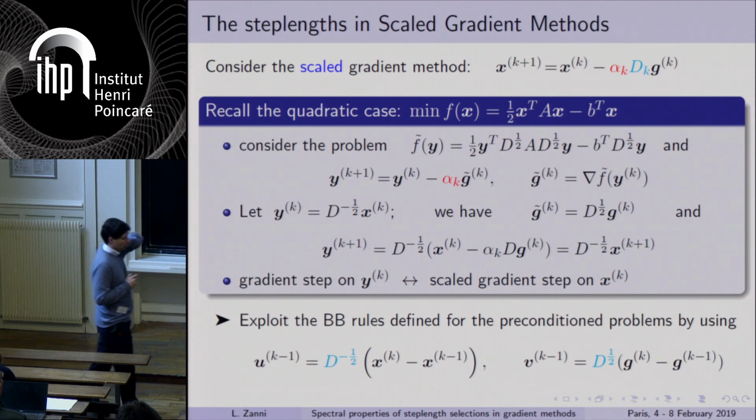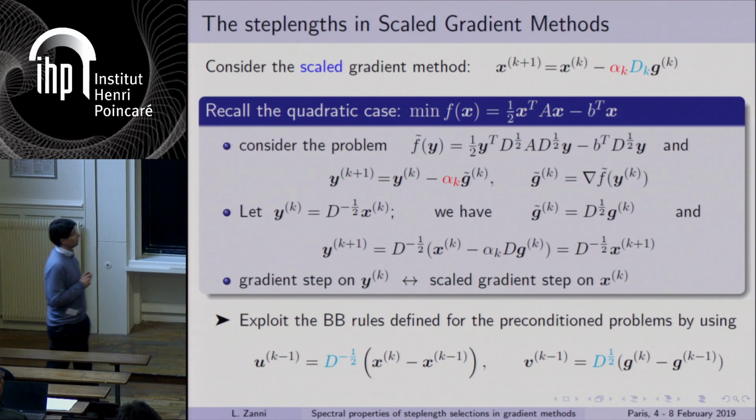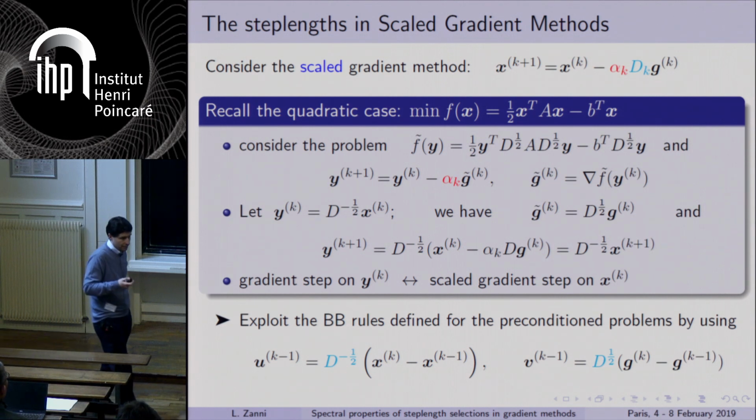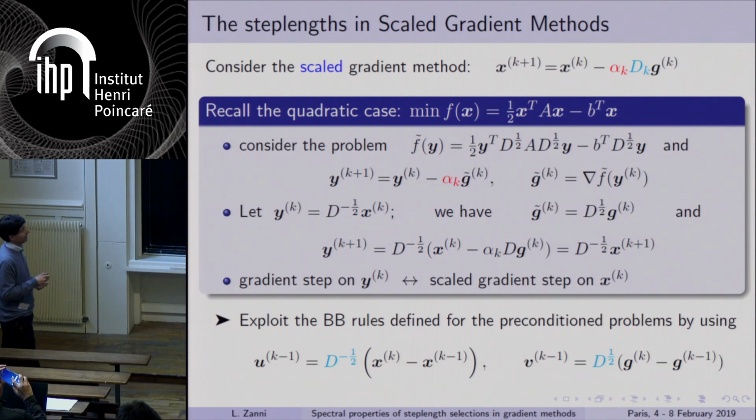I prefer to finish this discussion by observing how the step length needs to be modified in the case of a scaled gradient algorithm. Also in this case, I exploit some considerations in a simple case, the quadratic case.